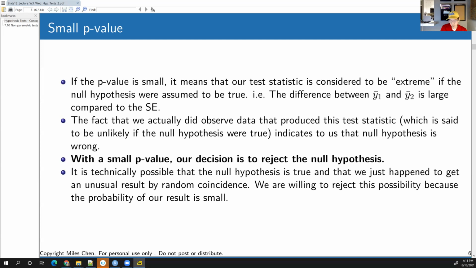The p-value does not tell us the probability that the null hypothesis is true or false. Okay, we're not asking about the probability that the hypothesis is true. It answers the question, what's the probability of getting this data if the hypothesis were true?